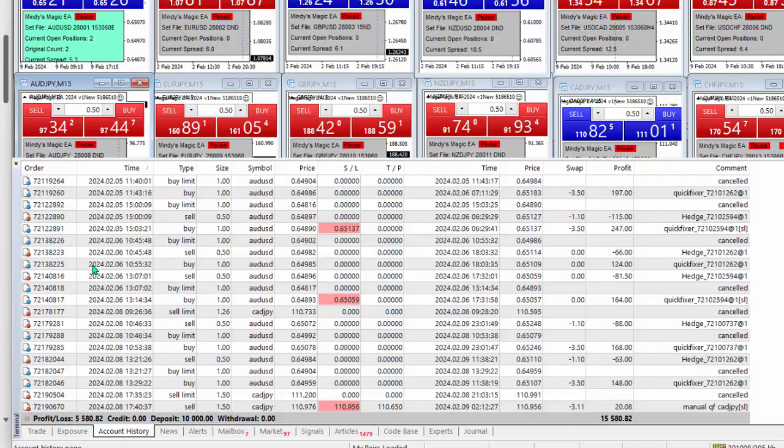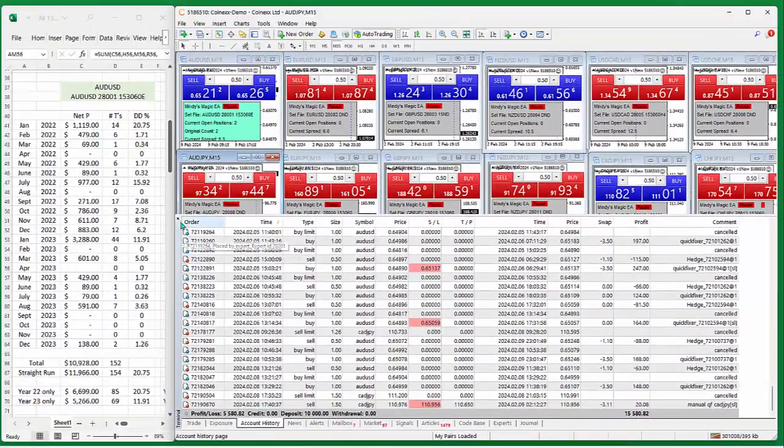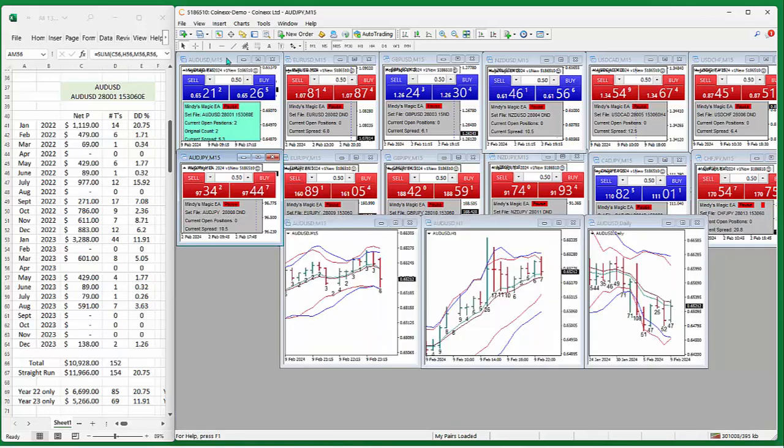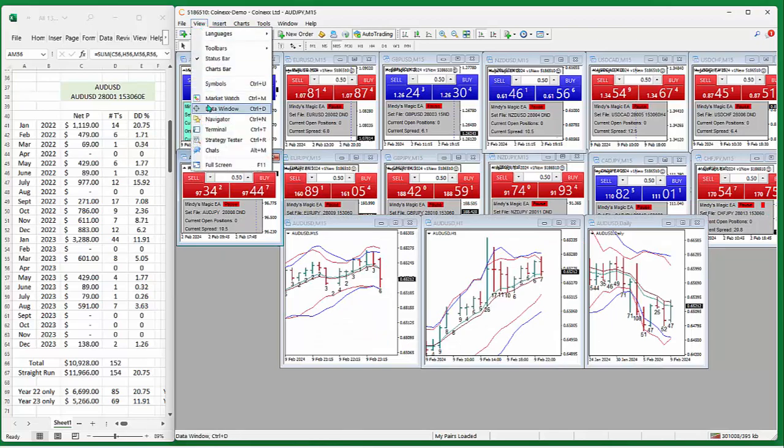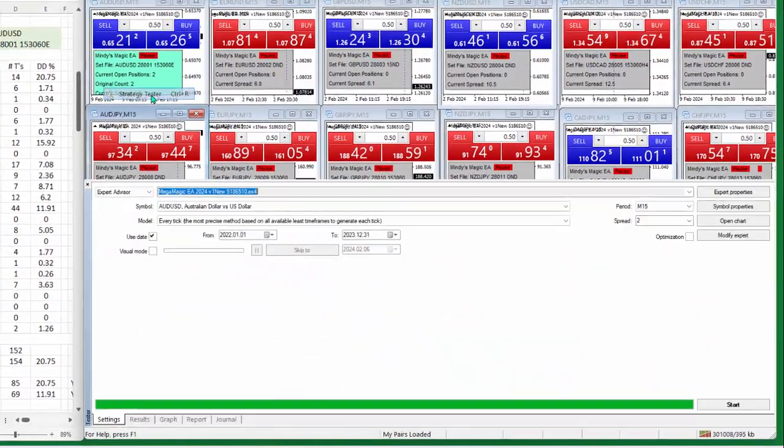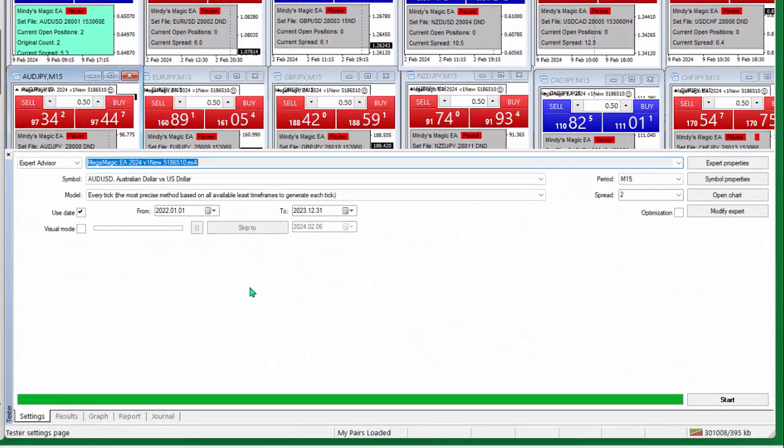Now, the more important thing that I wanted to show you today is I'm going to go ahead and close this terminal window for now, because what I want to do is come up here and open the strategy tester. Now, the thing about Forex trading is, as you know, past results can never be a promise of future results, right?